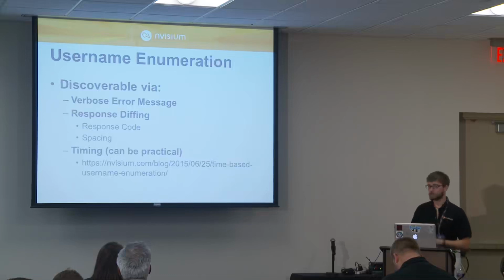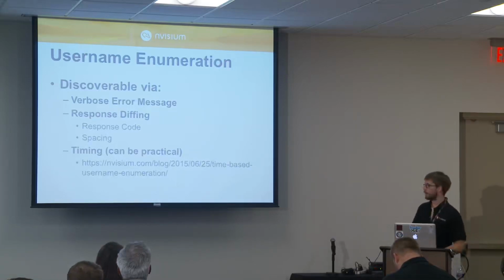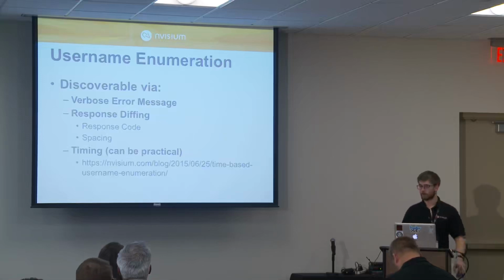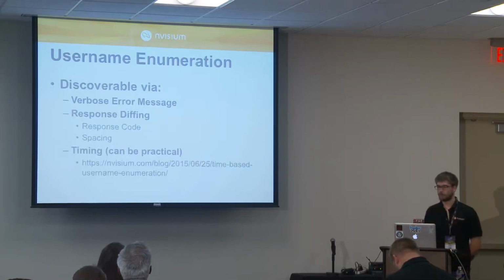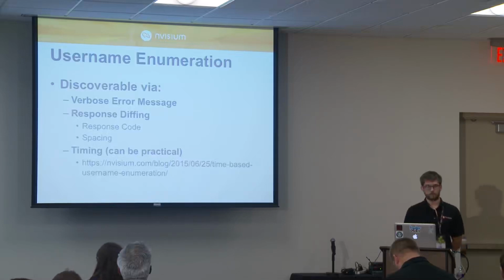Sometimes the page will respond slightly differently if the user account exists or not. It may be a response code. So you may get an HTTP 302 redirect if the account exists. You may get a 404, something along those lines. And also timing. A lot of websites are vulnerable to username enumeration via timing bugs. And it's very theoretical, but sometimes it can be practical.